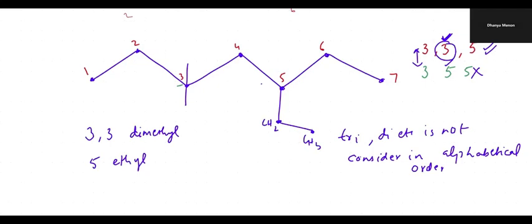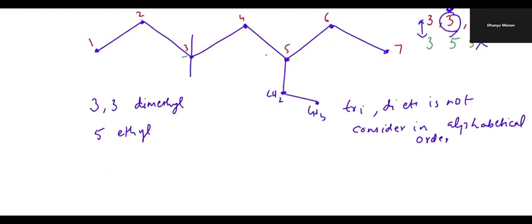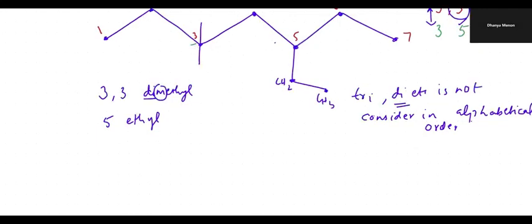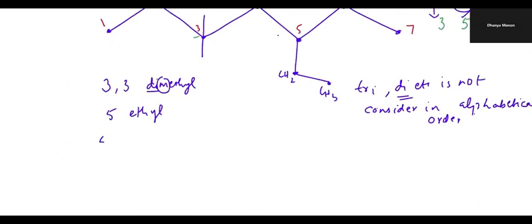Okay. So now over here, which one to name first? Here there is a di. We will not consider the di, tri, etc. in alphabetical order. We will start with M. So which one will be first? 5-ethyl, 3,3-dimethyl, heptane.